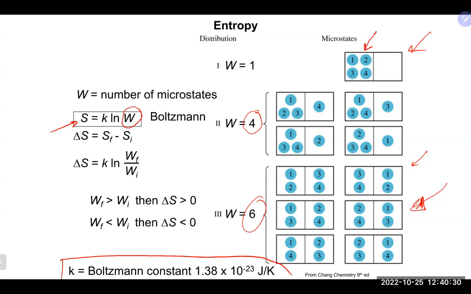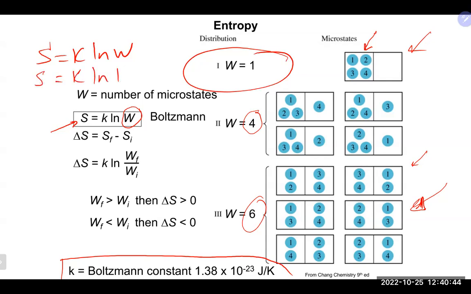And if we think about it mathematically, if we put it into this Boltzmann equation here, S is equal to K natural log of W. With our W being 1, that would give us S equal to K times the natural log of 1. Natural log of 1 is equal to 0, which means our entropy here is 0, pretty low in terms of the entropy.